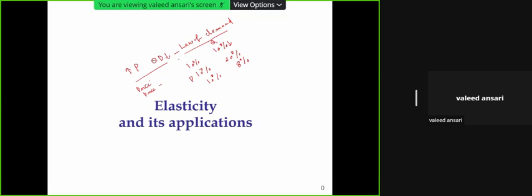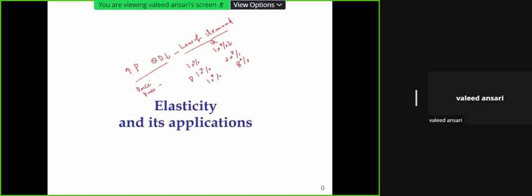So in today's lecture, I will discuss the concept of elasticity, a definition of elasticity in general. Then I will go on to discuss price elasticity of demand and its determinants. And we will take an example to calculate price elasticity of demand.